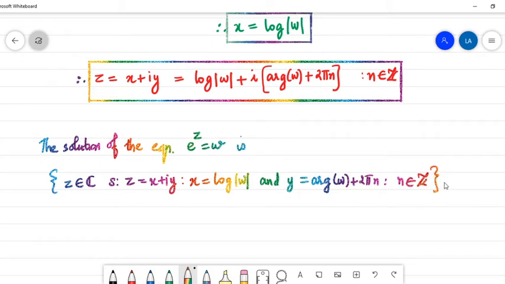So that is the conclusion we get from there.